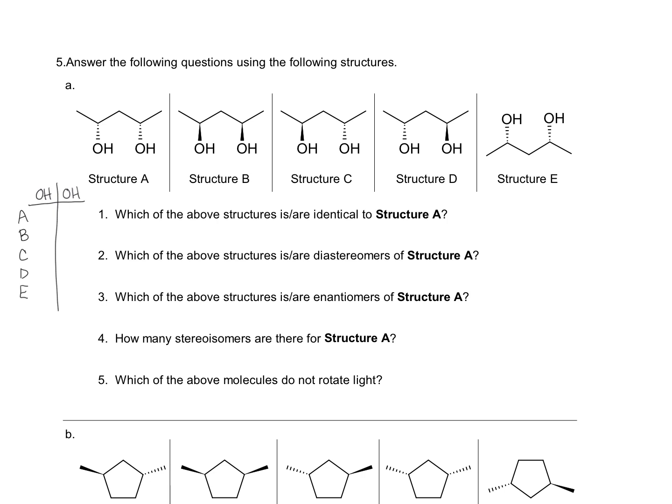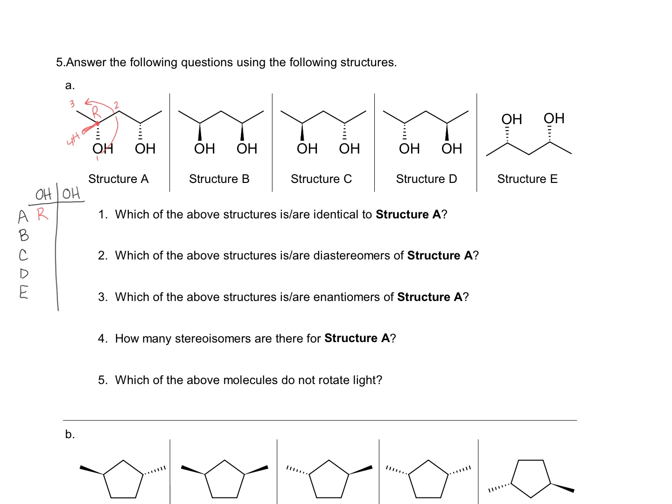And then I'm going to quickly show you how to label R or S to each of these. So for the first one here, it goes 1, 2, 3, and the hydrogen is in the front, which is 4. So it goes 1 to 2 to 3 counterclockwise. It looks like S, but since the hydrogen's in the front, it's R.